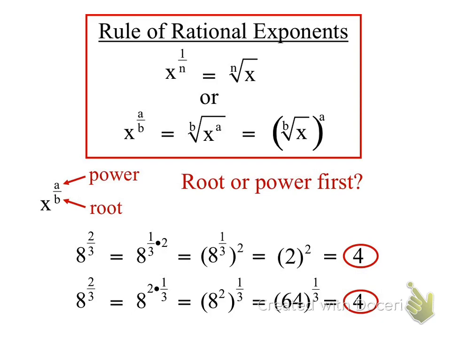We know that 8 to the 1/3 power is 2, so we can square it in the end. Or to the 2/3 power, we can square the 8 first and then take that number to the 1/3 power. Does that make sense? What number times itself, it will work out to be the same thing. So it doesn't matter really what you do first.